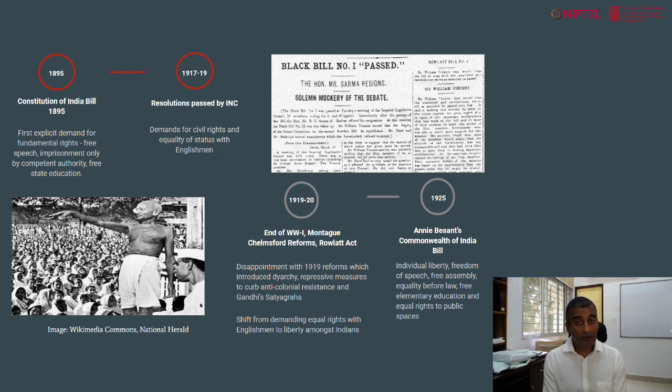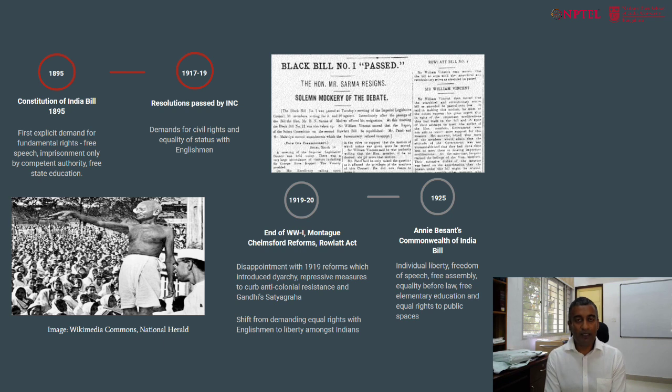But moreover, after World War I, the imperial state got far more serious about suppressing dissent and anti-colonial resistance, especially with Gandhi's Satyagraha around the same period. You see a far stronger use of the criminal law to suppress dissent.